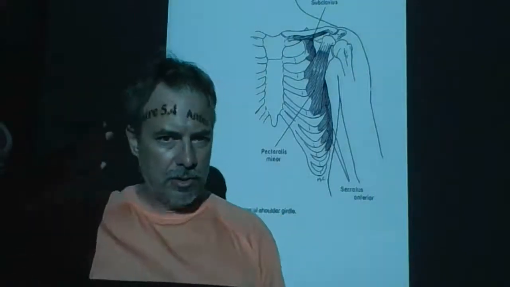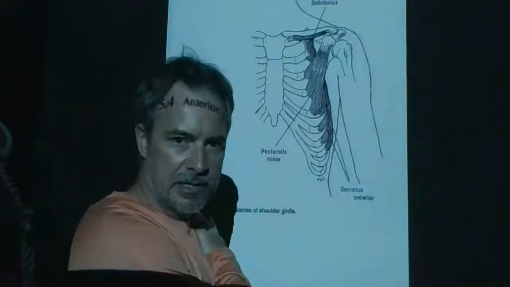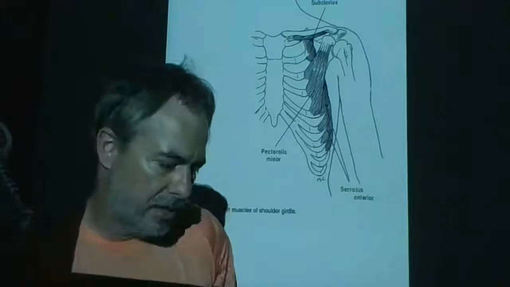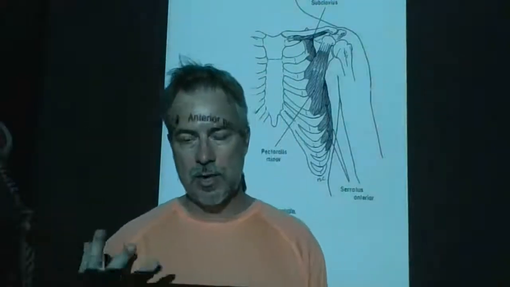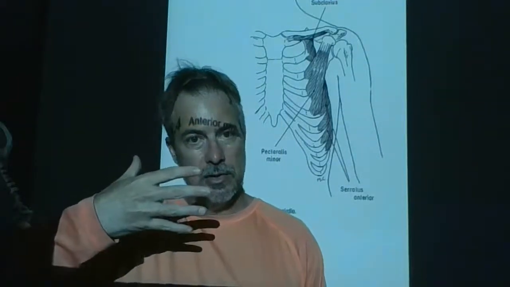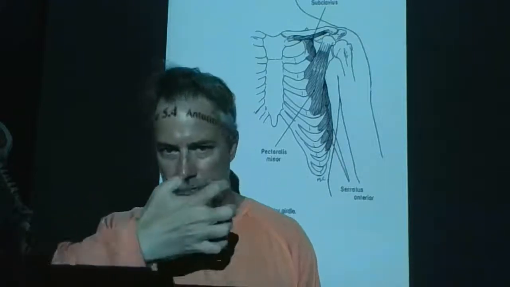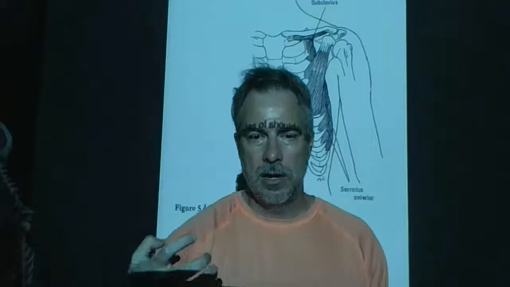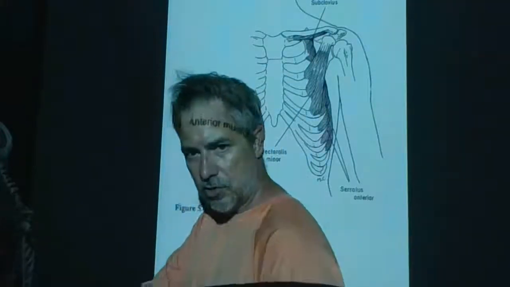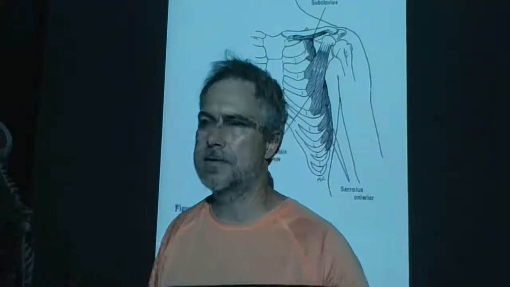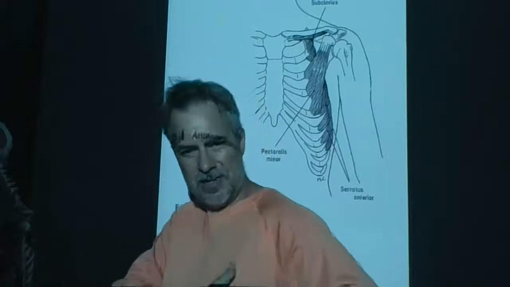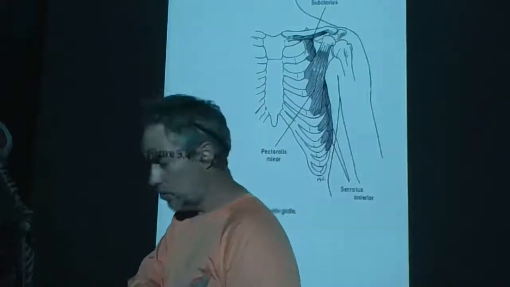The next muscle that's on here is the serratus anterior. You think about serrated edges, serrated blades. You have serratus anterior, a serrated muscle that pulls the scapula forward. The serratus anterior starts on the ribs. If somebody has real low body fat, you can see those little finger-like projections on the ribs.